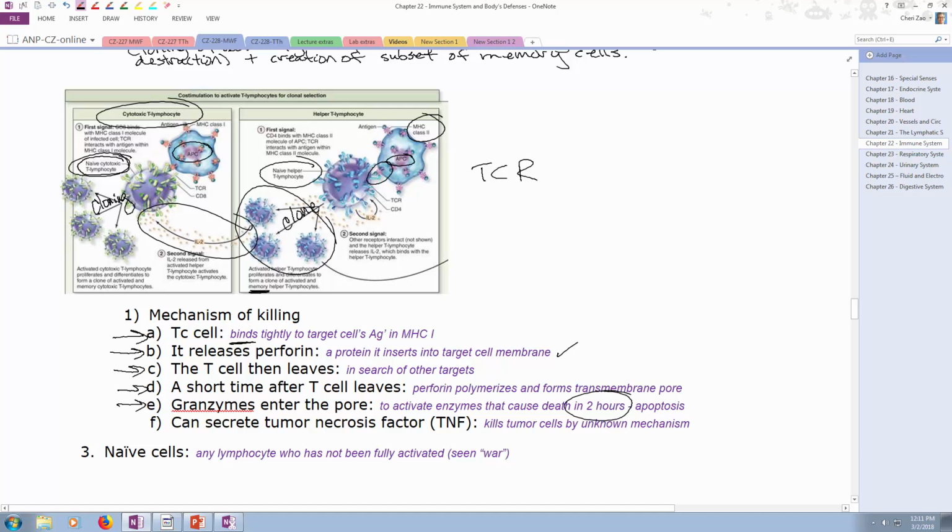And so this perforin granzyme complex is deposited by cytotoxic T cells, designed to destroy the cell that it bound to. So this is hand-to-hand combat. The interesting thing is we do know that cytotoxic T cells can also release this stuff that most people call TNF. It's called tumor necrosis factor. We still don't know the mechanism by which it works, but it is obviously designed for cancerous cells.